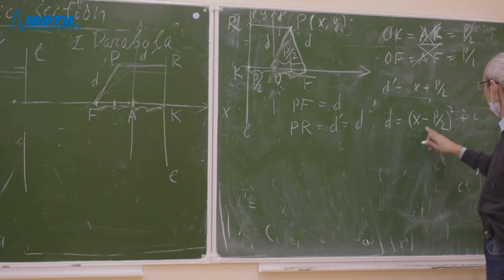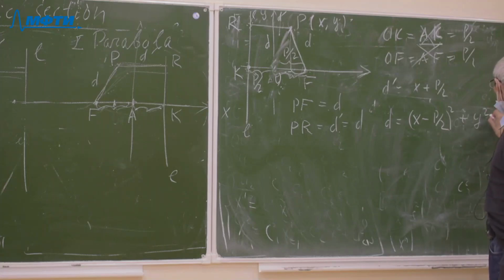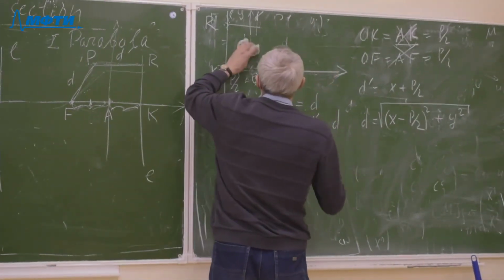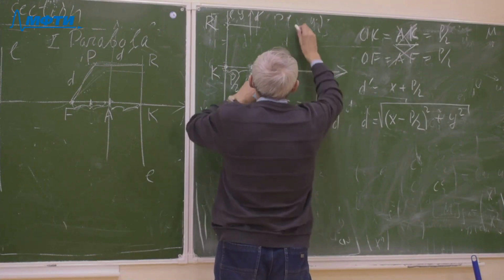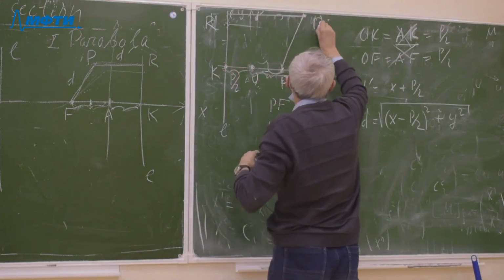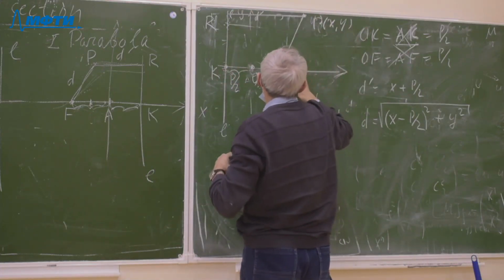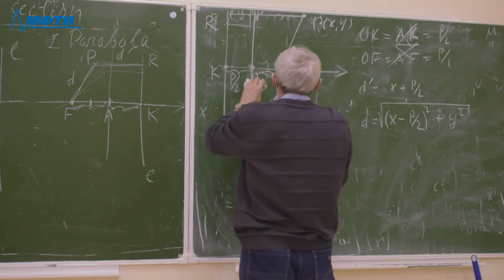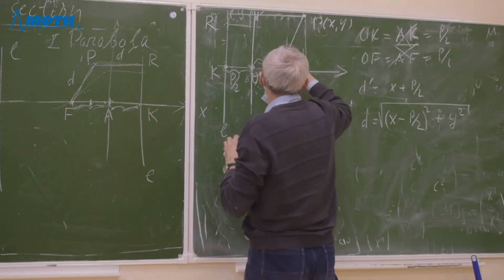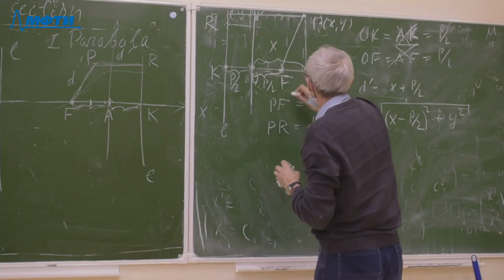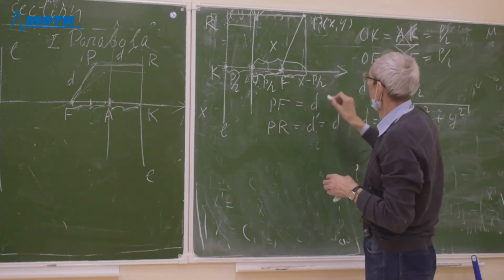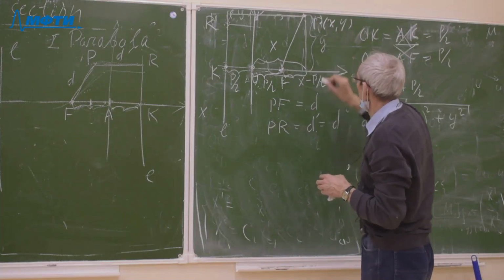We have this segment x minus p divided by 2, and this segment is equal to y.